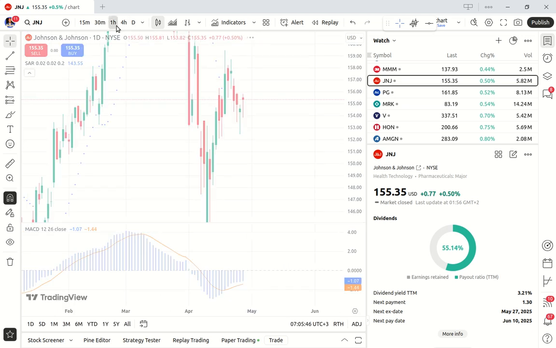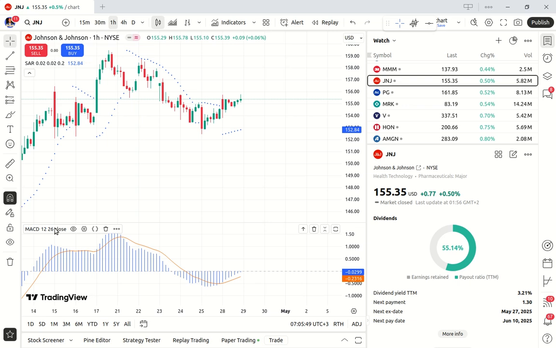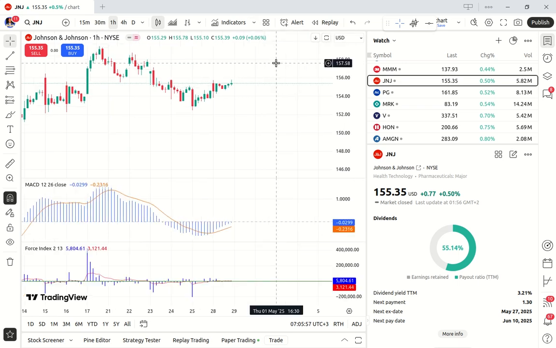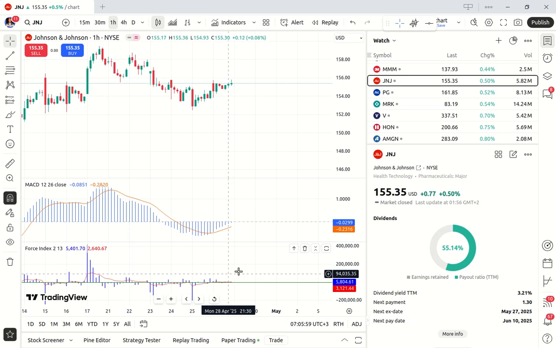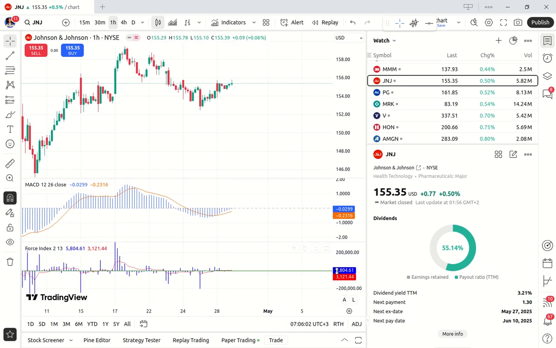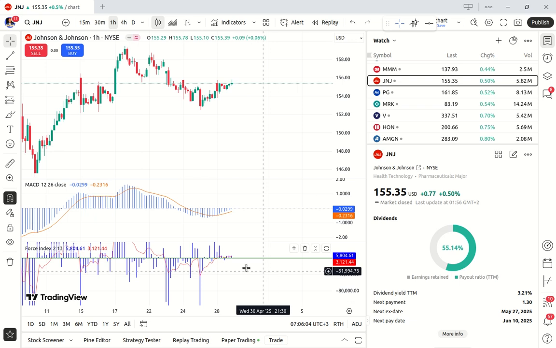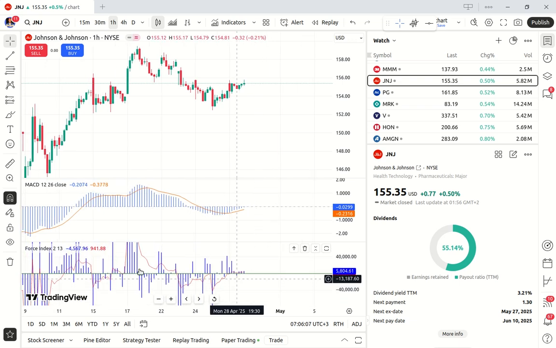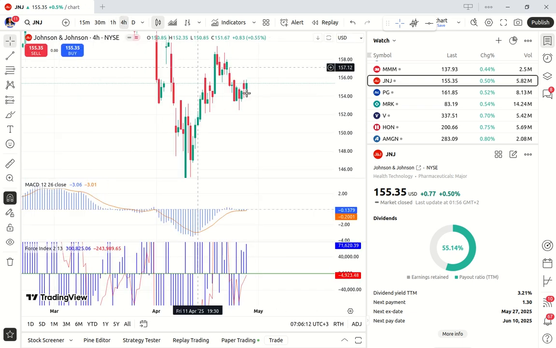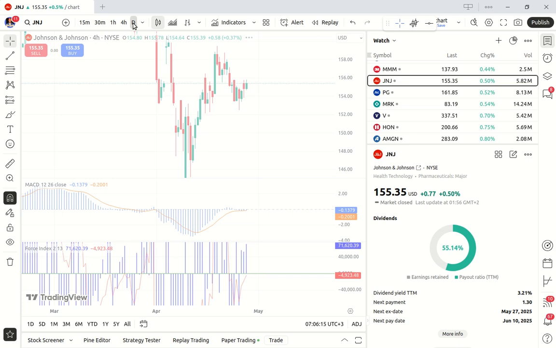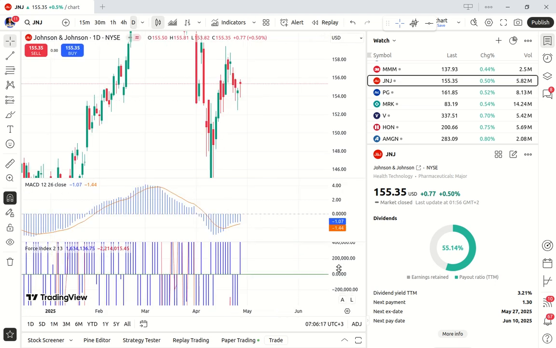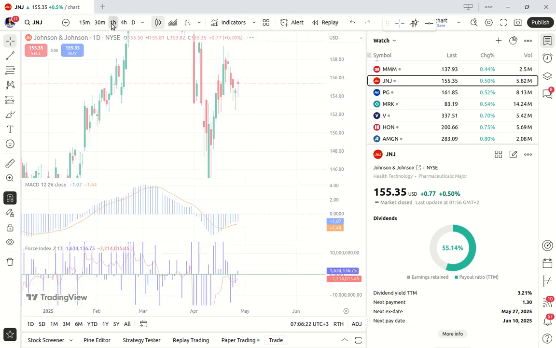All right, Johnson & Johnson looks promising. And shout out to Harry Potter who made this indicator. So I think the only thing that I would look for is the pullback on this one, on the hour, right?